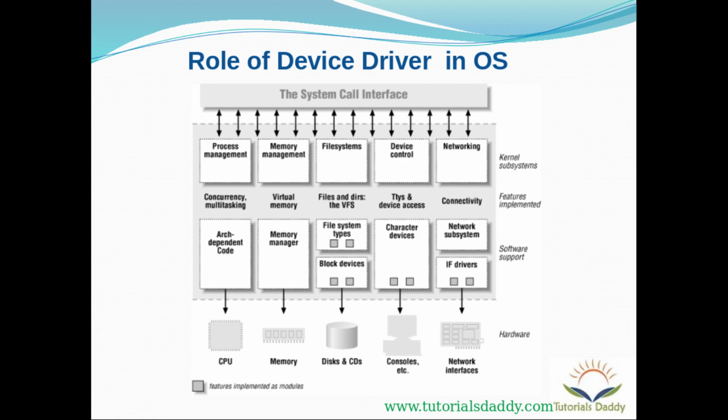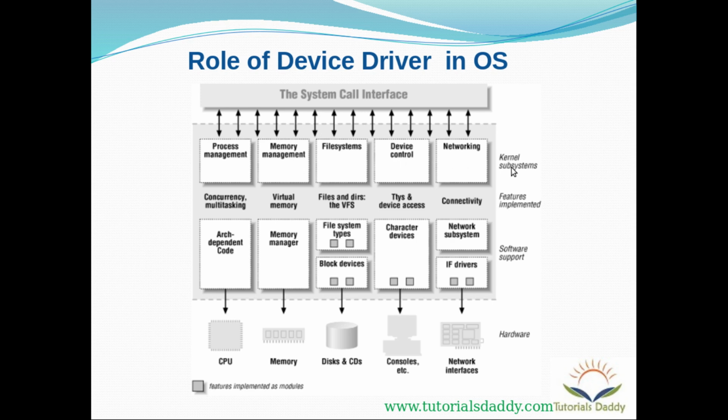So now let's understand the role of device driver in the operating system and mostly in Linux. As I mentioned, in the Linux kernel we have the system call interface on top of all the subsystems of the Linux kernel. As I mentioned in the previous session, we have different subsystems: process management, memory management, file system, device control, networking.